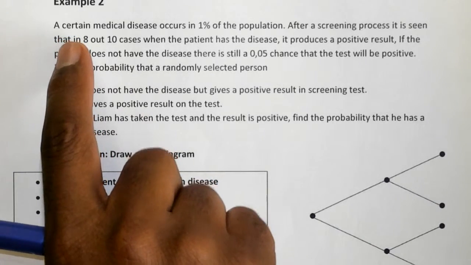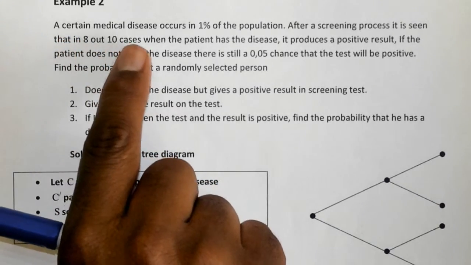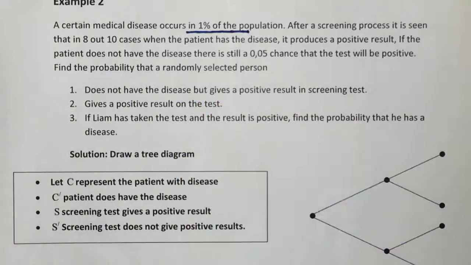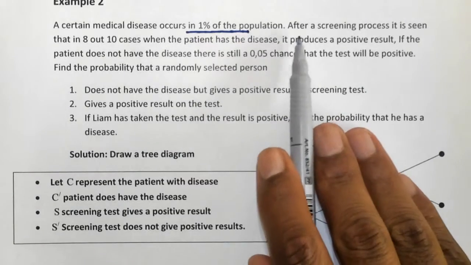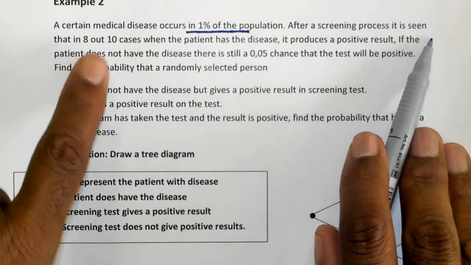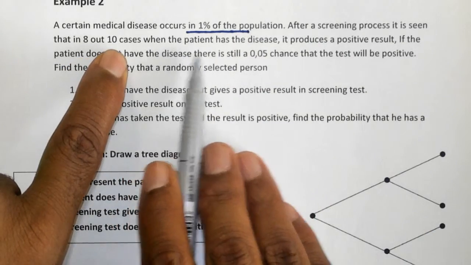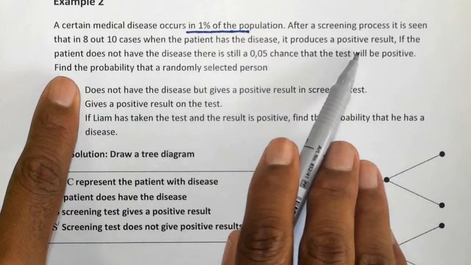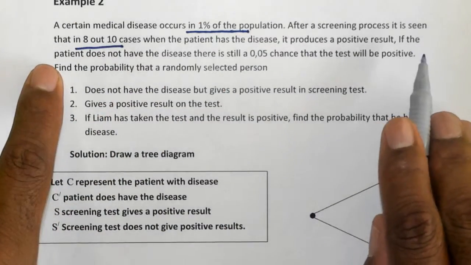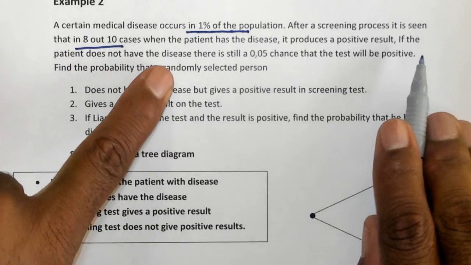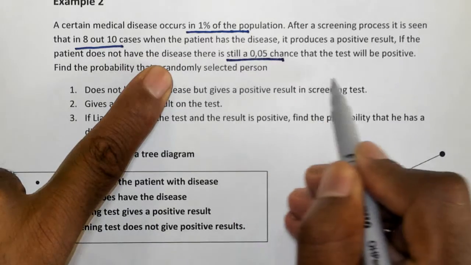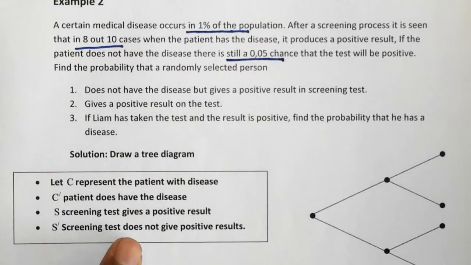Now, let's focus here. A certain medical disease occurs in 1% of the population. After a screening process, it is seen that in 8 out of 10 cases, when the patient has a disease, it produces a positive result. Okay, let me highlight that. If the patient does not have a disease, there is still a 0.05 chance that the test will be positive.